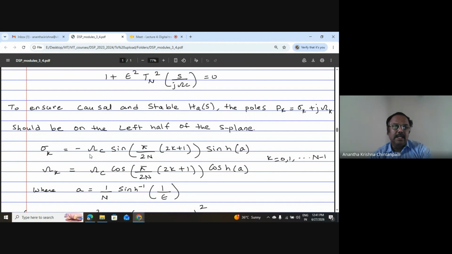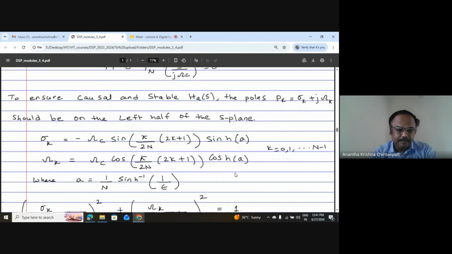So sigma k is minus omega c sine of pi divided by 2n times 2k plus 1, times hyperbolic sine of a. Similarly, it's the same term with cosine and hyperbolic cosine of a. What is a? A is nothing but 1 over n times inverse hyperbolic sine of 1 over epsilon.